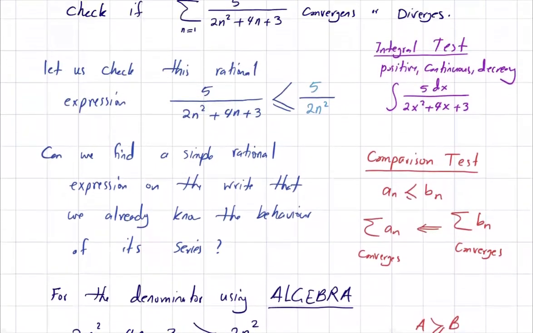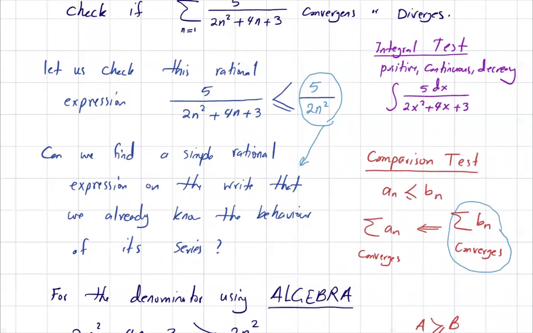So we have a simpler fraction to deal with. Instead of working with this 5 divided by 2n squared plus 4n plus 3, I'm working with this simpler fraction 5 divided by 2n squared. Now I need to check to see if this guy is a convergent series or not.